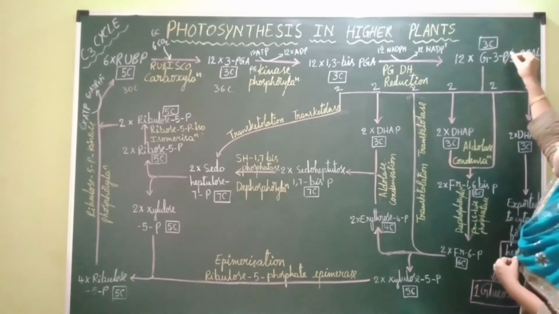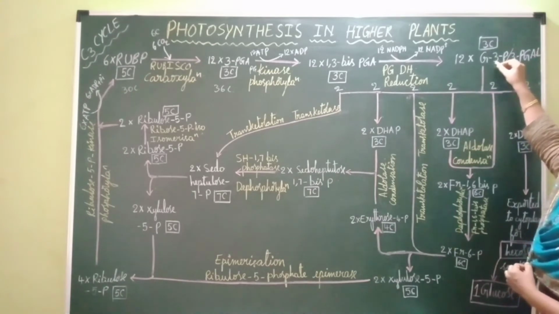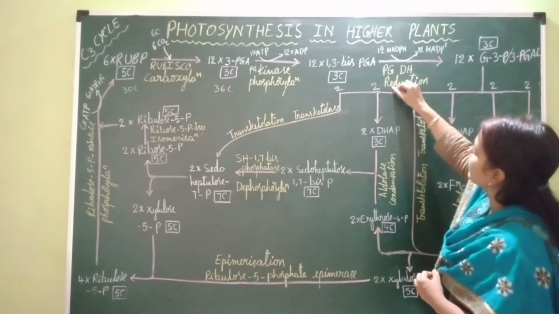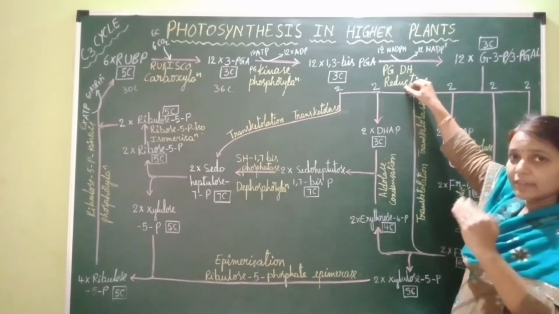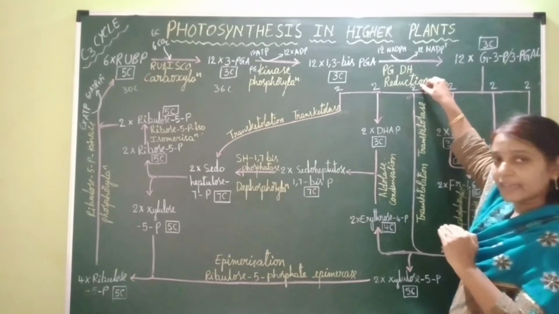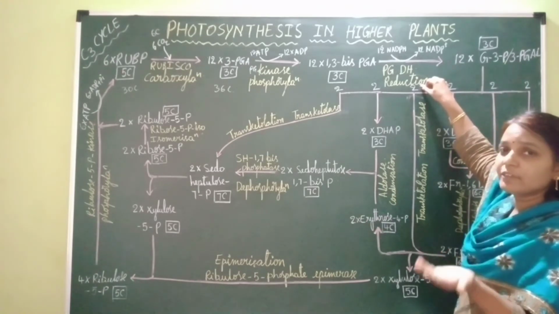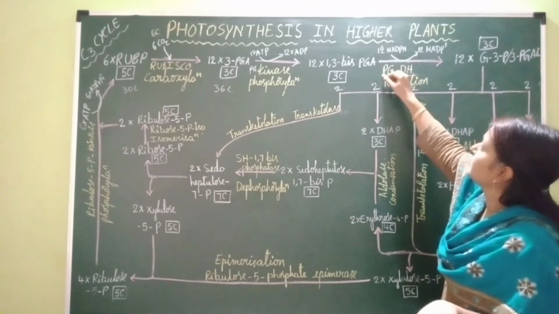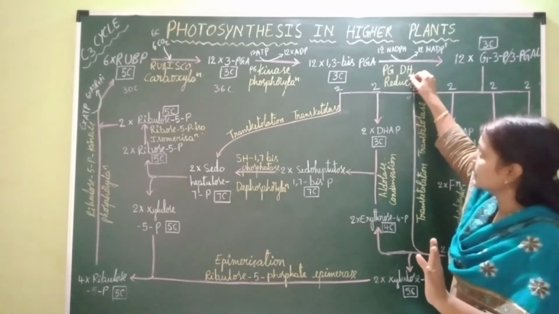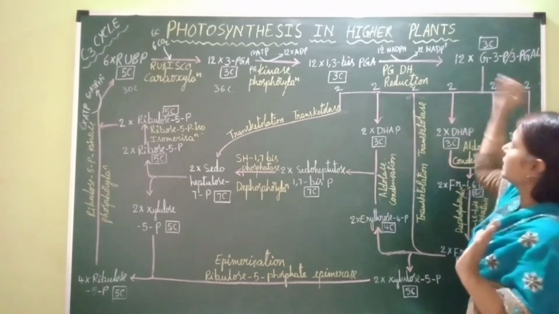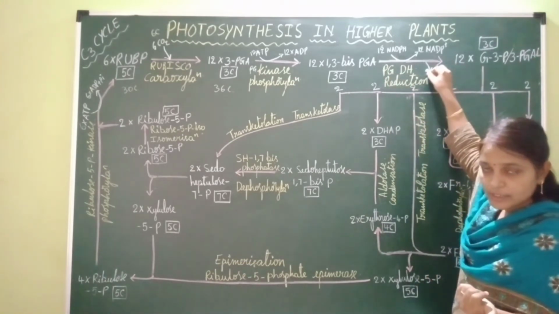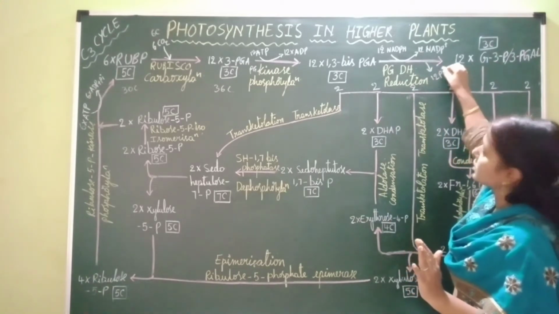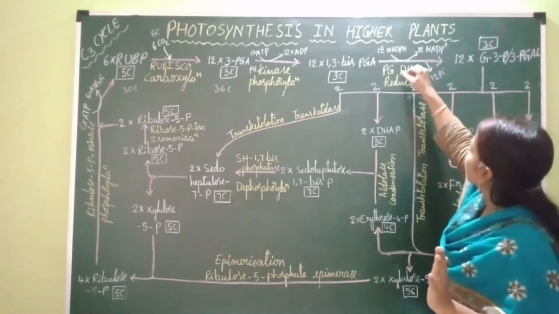That means here phosphate is present at the third position. So in this step, reduction is taking place and even dephosphorylation is taking place, and hence it can also be called reductive dephosphorylation, which is catalyzed by the enzyme PGDH, that I have written, nothing but phosphoglyceraldehyde dehydrogenase. Dephosphorylation involves the removal of phosphate, and reduction is taking place too.